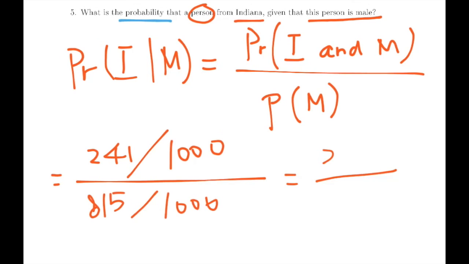So if we simplify this expression, we have the probability of a person from Indiana, given that this person is male, is equal to 241 over 815. Okay, so this will be the final result.